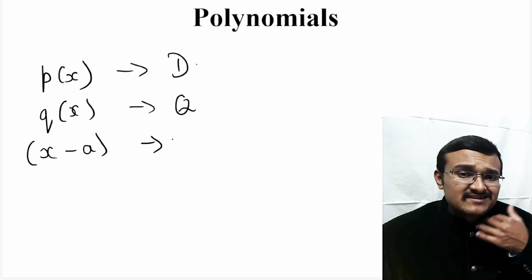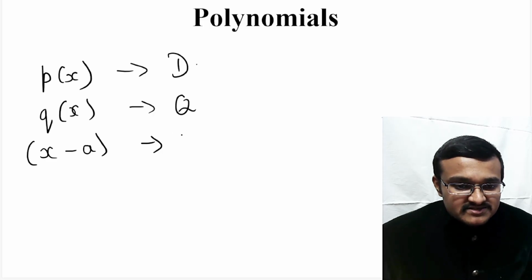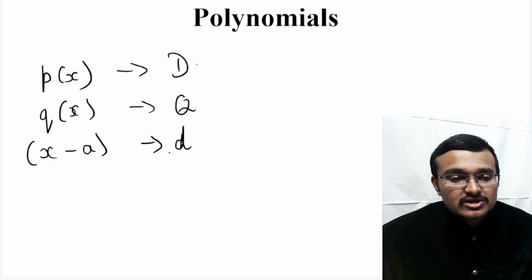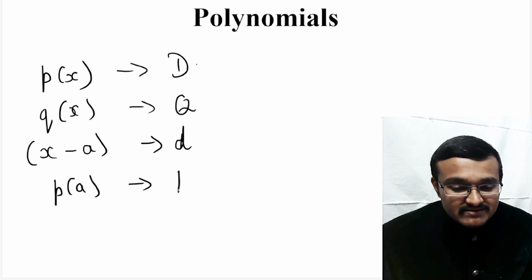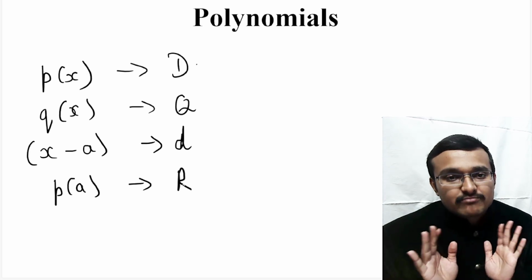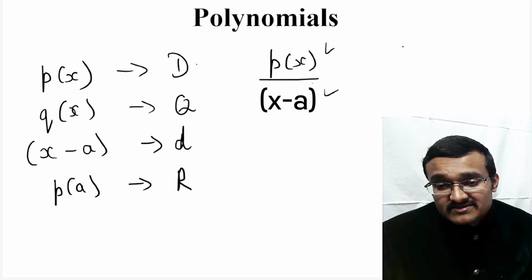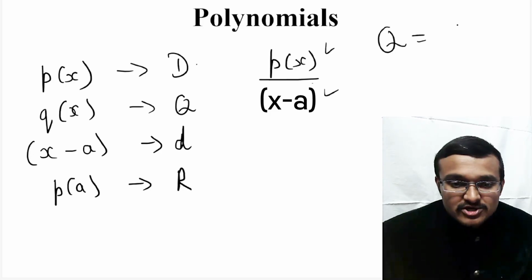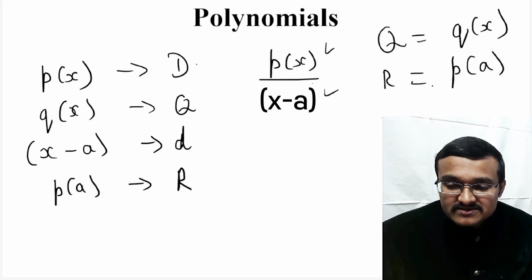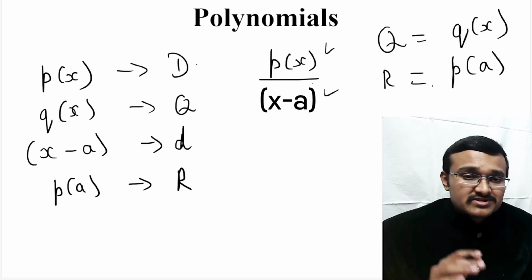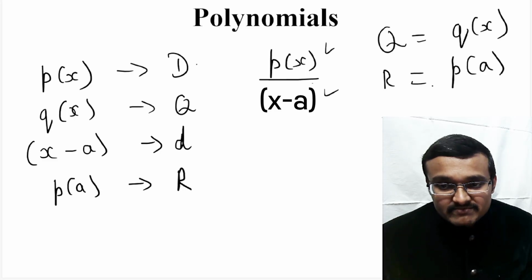So x minus a is a linear factor which acts as the divisor of this particular polynomial p of x, and let's take p of a as the remainder of this particular polynomial. This will give you quotient which is equal to q of x and it will give you a remainder which is equal to p of a. So this is one condition which you can remember.